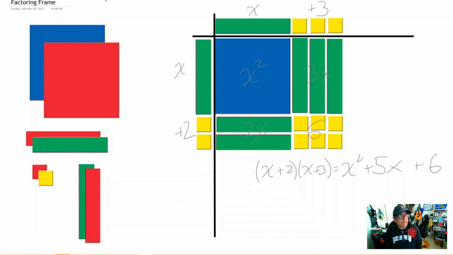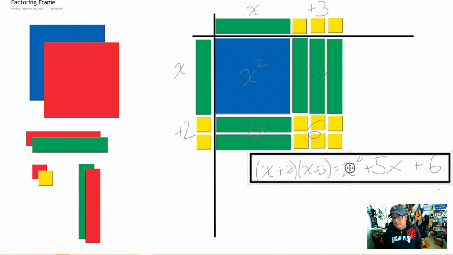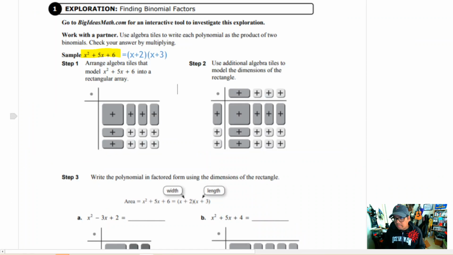So this thing that we just came up with is our factored polynomial. x squared plus 5x plus 6 is the same thing as x plus 2 multiplied by x plus 3. So we have solved this. We've factored the polynomial x squared plus 5x plus 6.